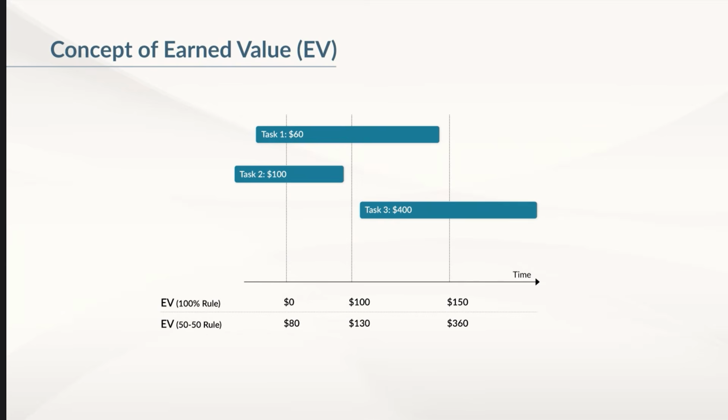Typically, the EV is computed using one of the following rules. The 100 rule, where you count credit only at completion of a task. The 50-50 rule, where you count half of the credit when the task has been started and half of the credit when the task is completed.